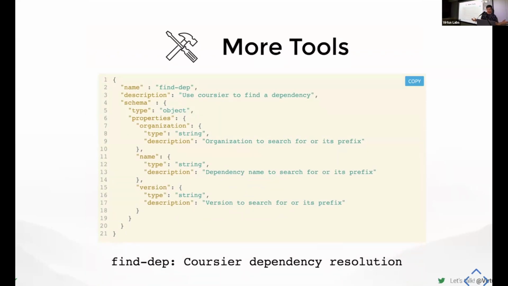We could add more tools. The one thing I was thinking about, and if we have a bit of time we can see if we can actually implement this, is find dependencies. When I was working on a feature, I don't remember exactly which, I was trying to get some library for tests, and it couldn't find any legit library.